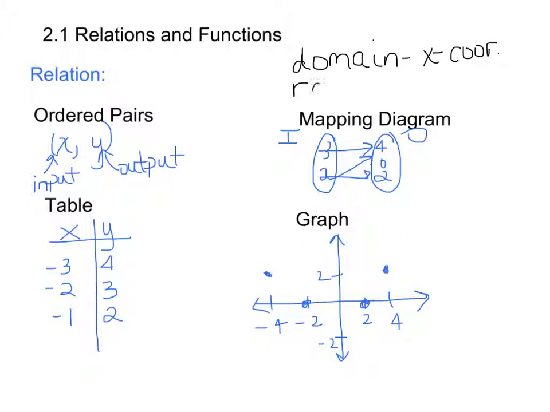The range, those are your Y coordinates. So input would be your domain, or the set of inputs, the X coordinates. The set of outputs, Y coordinates, those are your range, or your range values.